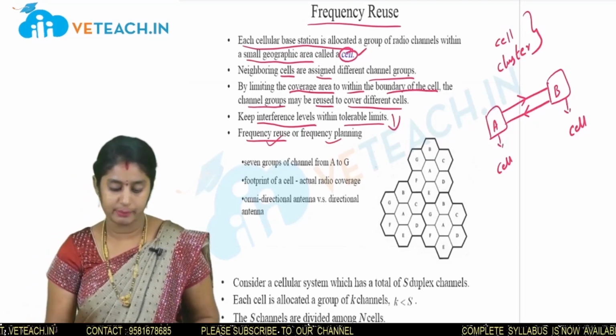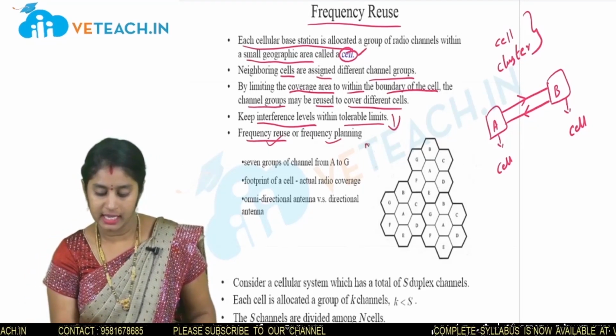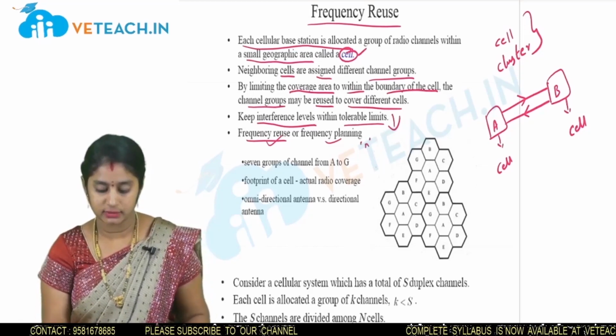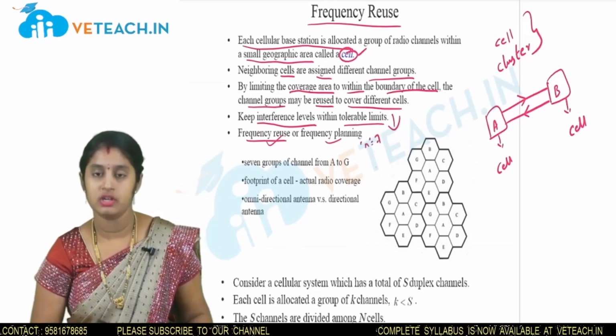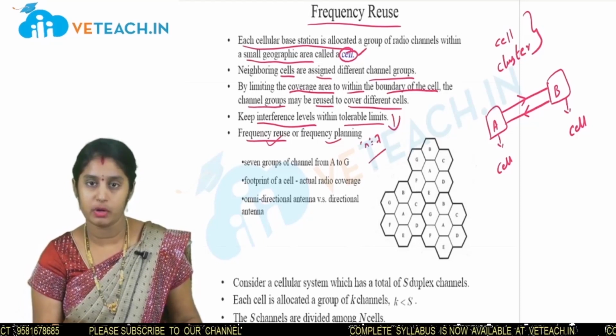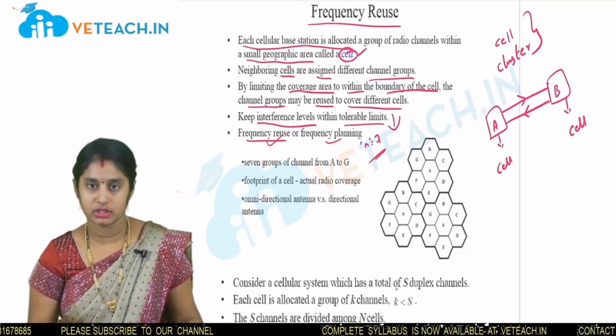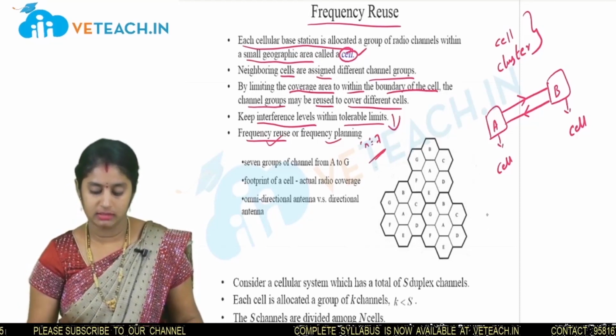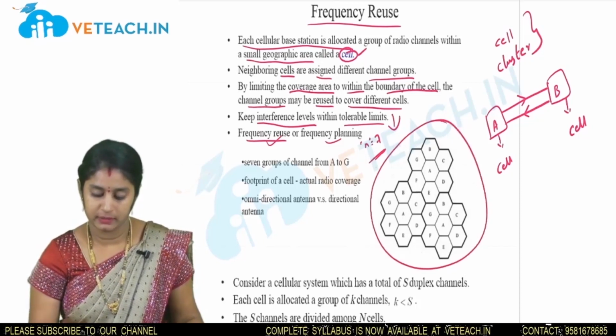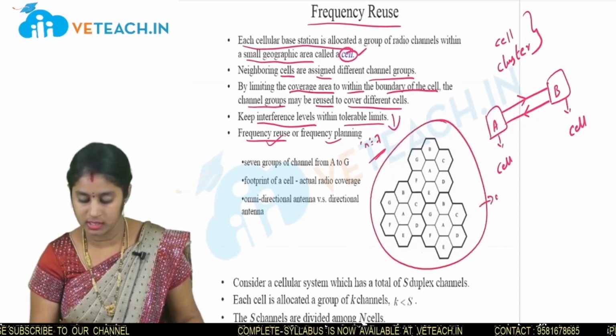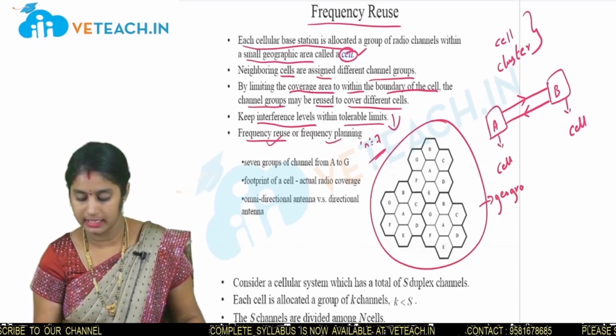Here, for example, we are taking n number of cells, and we are considering n equals 7. That means 7 cells are established in each geographical area. Say for example, this is one geographical area.